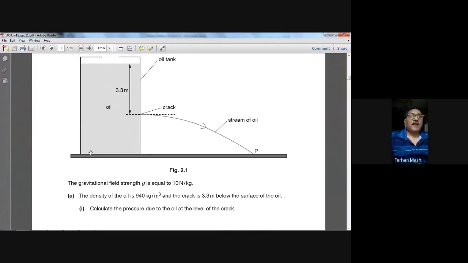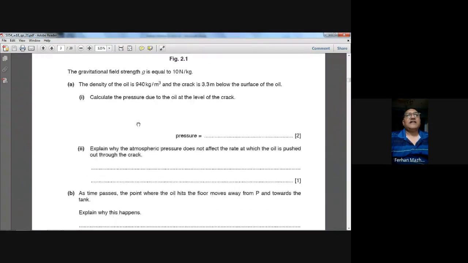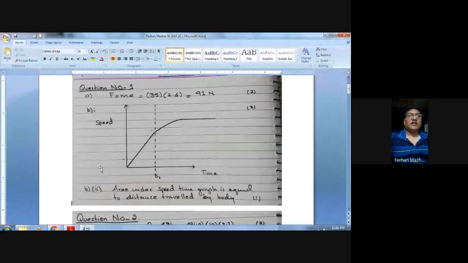So if I want to calculate the pressure of the oil at this crack, I should know the density of the oil, the gravitational field strength, and the depth of the liquid above this point, which is 3.3 meter here. So I will apply the formula and I will be able to calculate it very easily.